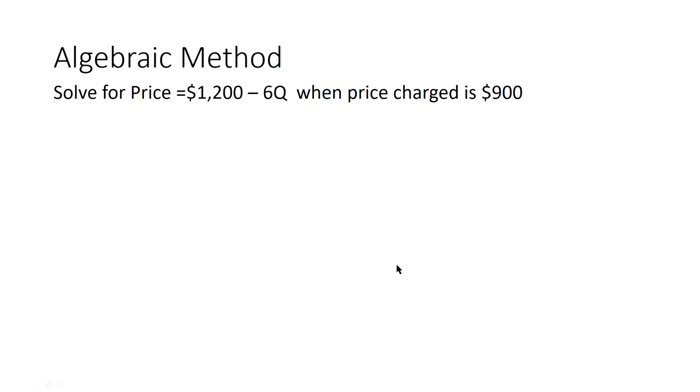If we want to use an algebraic method, and I'm just doing this for illustration purposes, I really encourage you to use Excel, but I wanted to show you that you could do it algebraically, at least this first memo, to do the analysis. You would take this formula, that price is equal to $1,200 minus 6Q, and figure out how much revenue and cost and passengers and therefore profit or loss you would make if you charge $900.